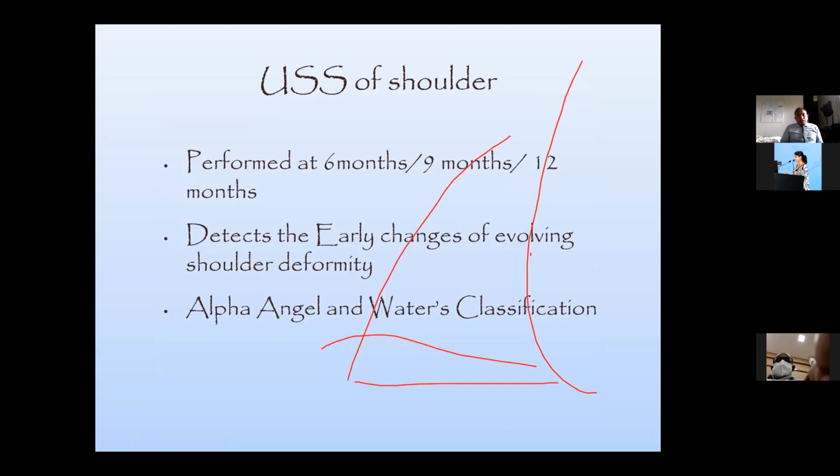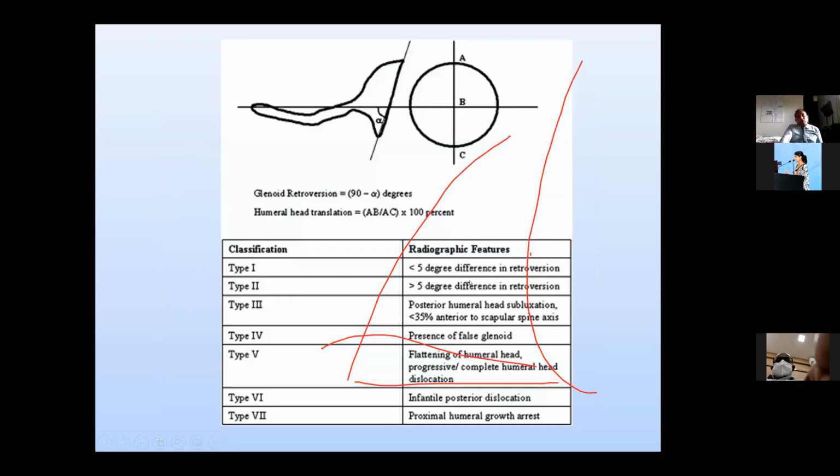Nowadays we like to perform an ultrasound scan of the shoulder, especially in upper plexus patients who recover incompletely with internal rotation contracture developing. It needs serial scanning at 6 months, 9 months, and 12 months to detect the changes. We measure the alpha angle and put it in the Waters classification.